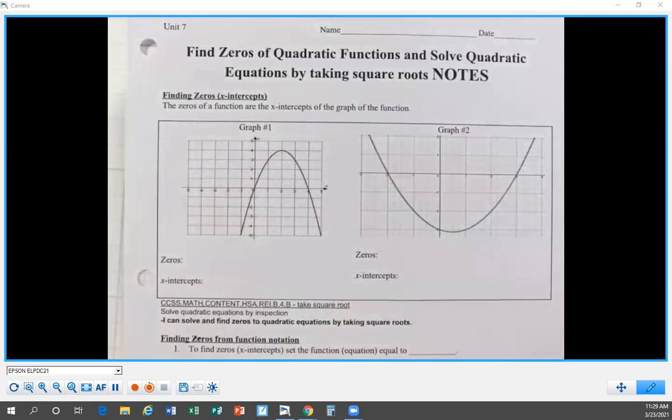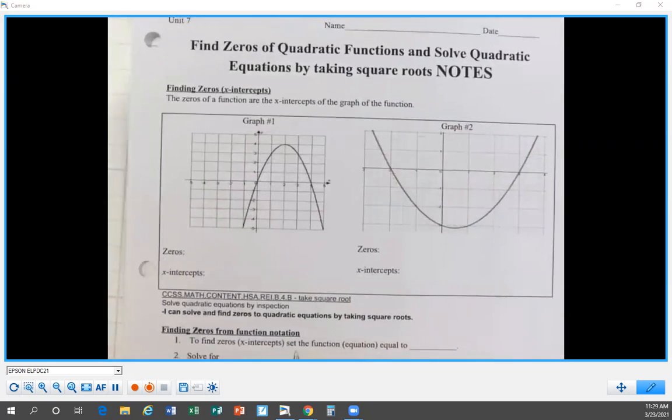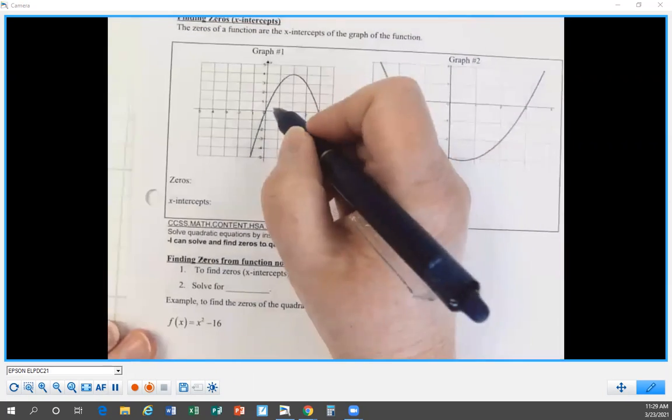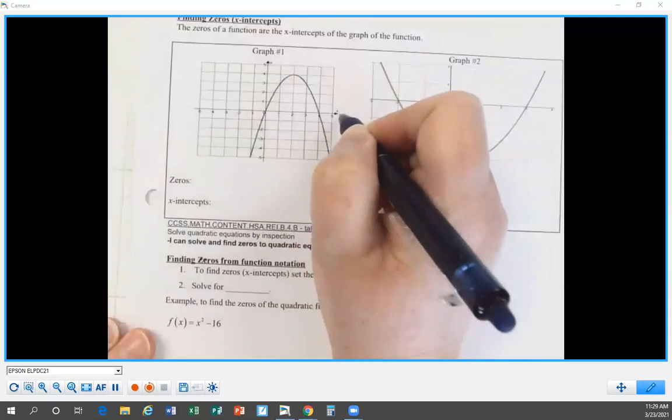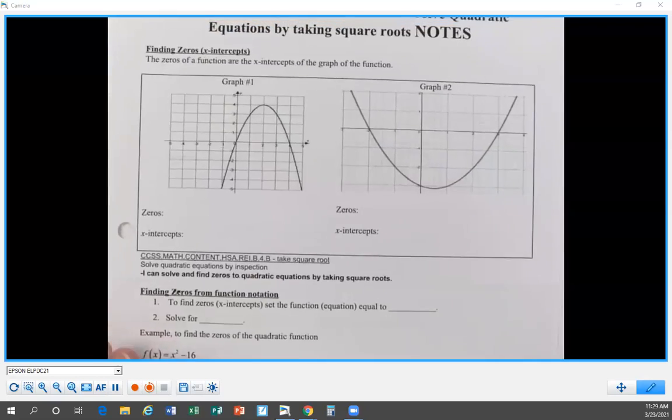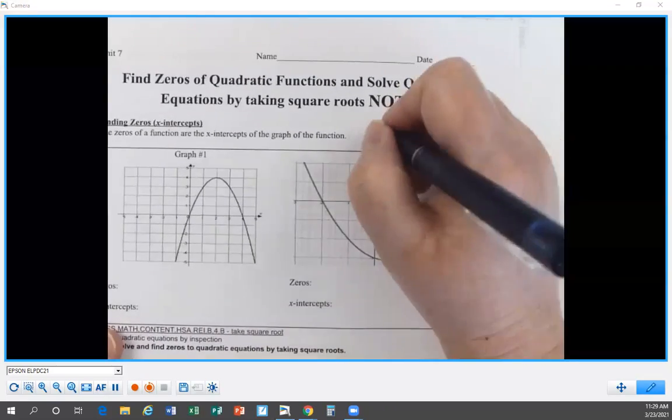Okay, so we want to talk about what zeros are. So zeros are where our graph crosses the x-axis. And when we have a parabola, we can have a few different scenarios.